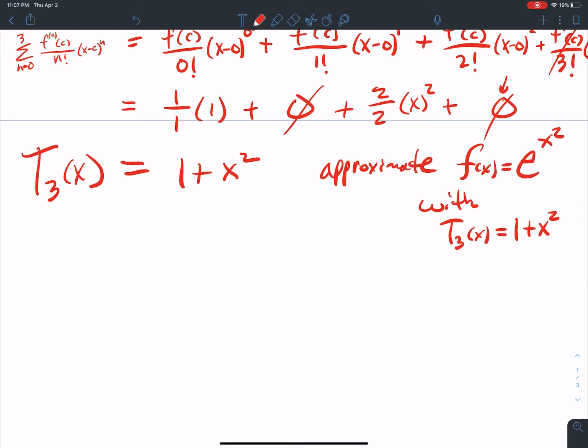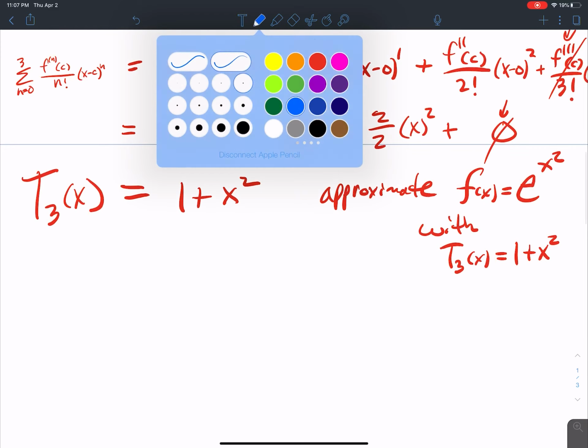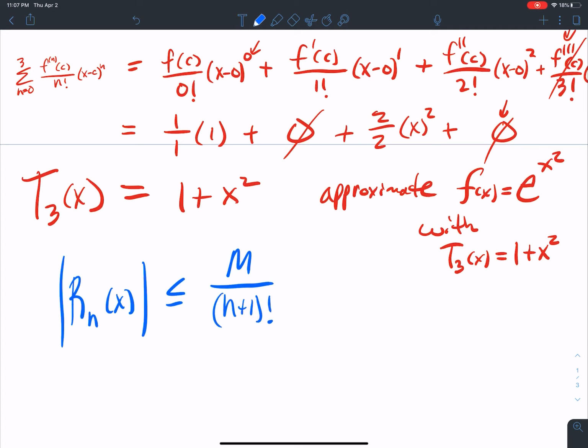Okay, so what if I want to find how accurate this thing is? Well, what do we have to do? We have to go back to our theorem. R_n of x, right, is less than or equal to M over (n plus 1) factorial times the absolute value of x minus c to the n plus 1, right?